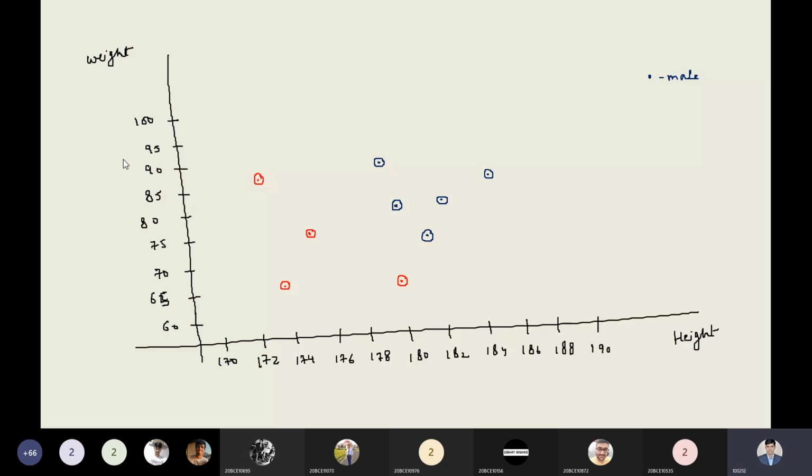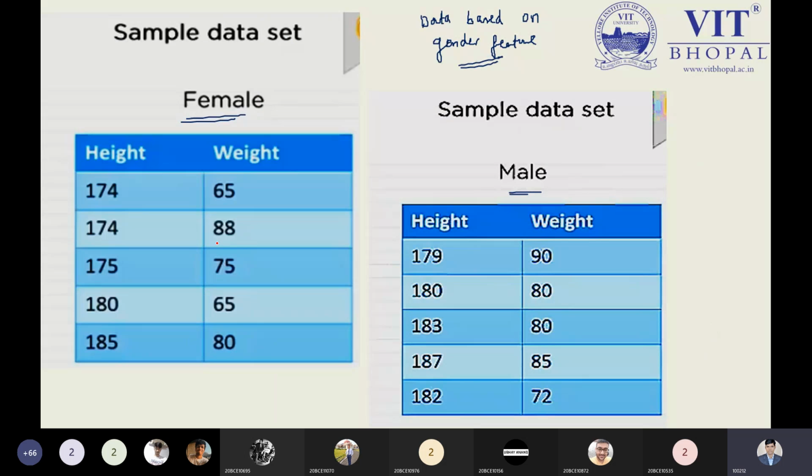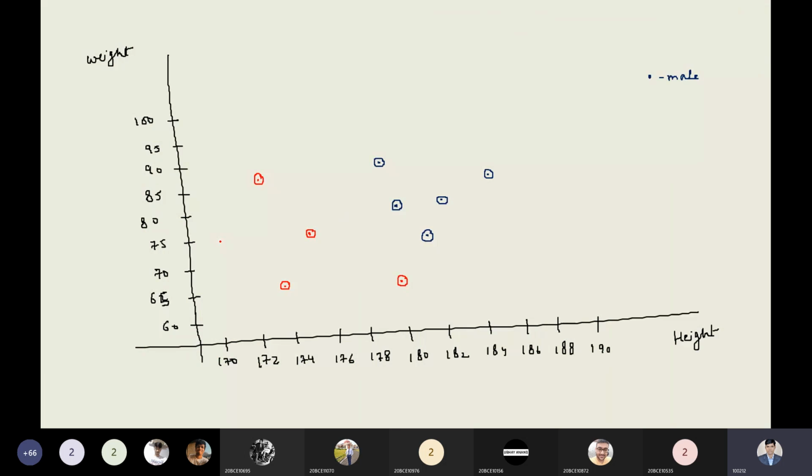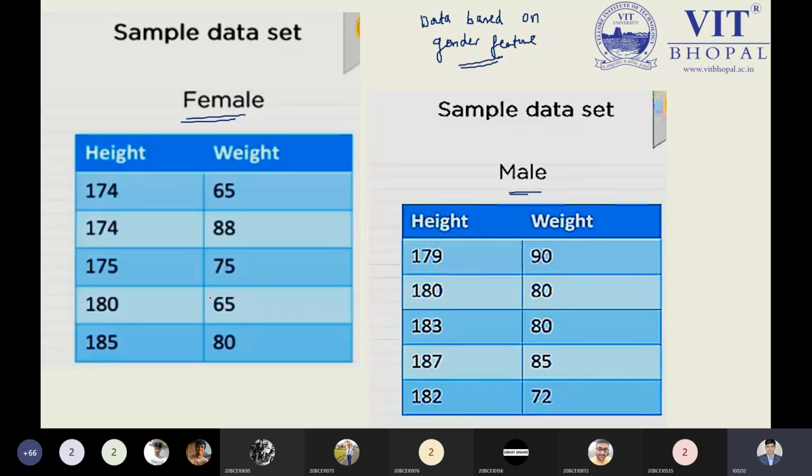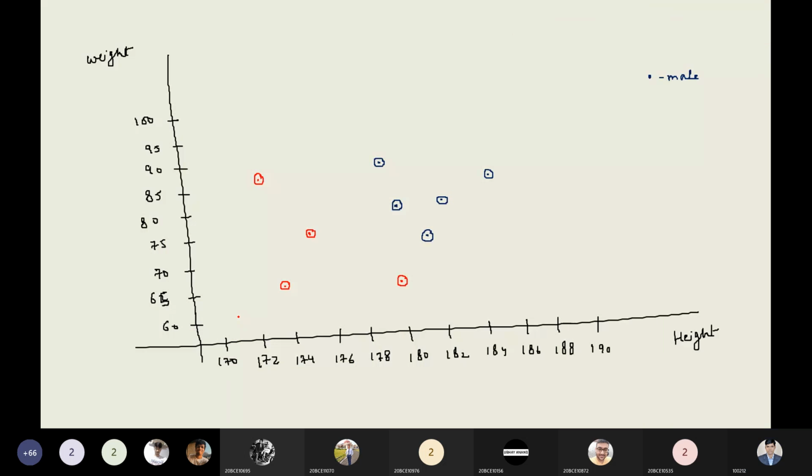So what I'm doing is some amendment. If we again go through the 185 and 80, we will be stuck in a situation. So to sort out our problem, I'm making some little changes over here. Rather than the 185, if we move 185, it will definitely be part of the male category.